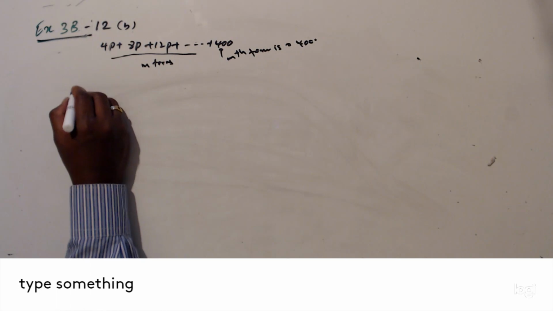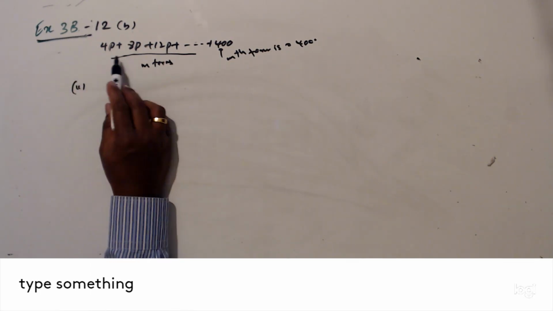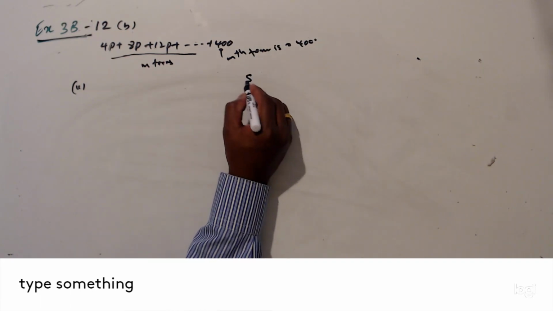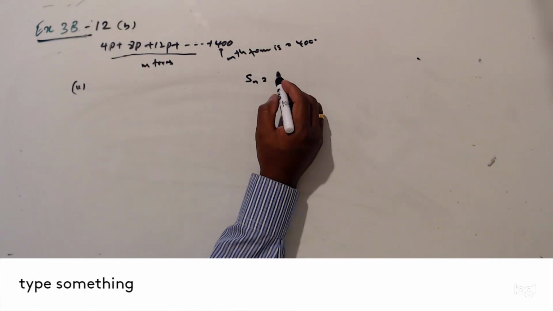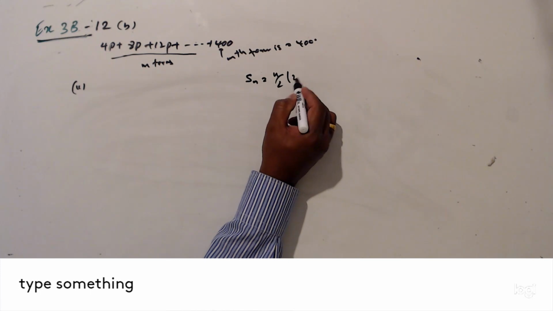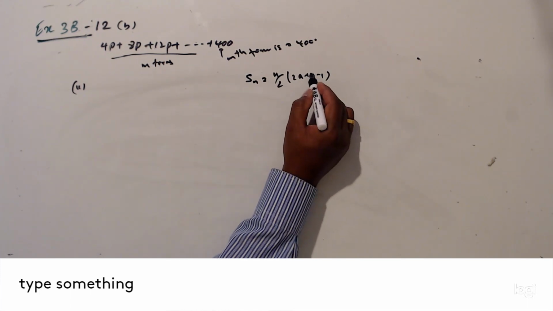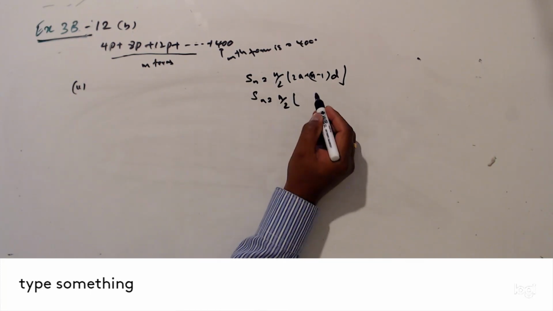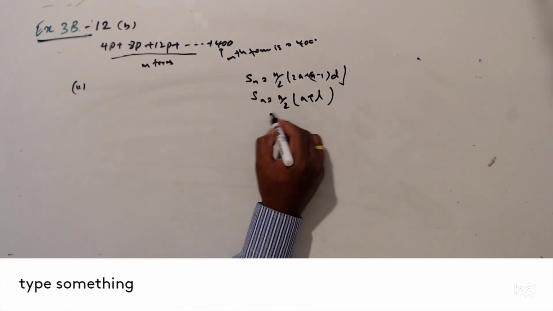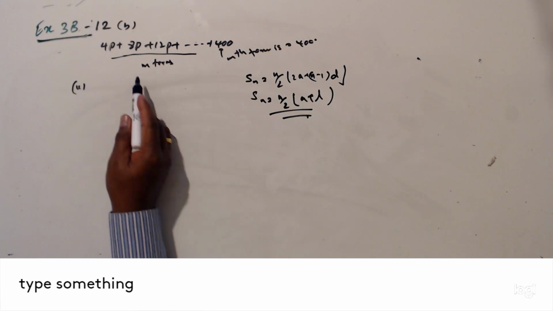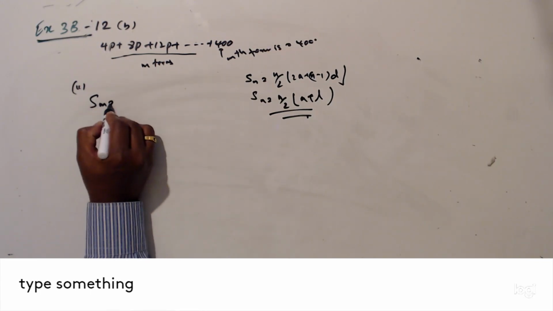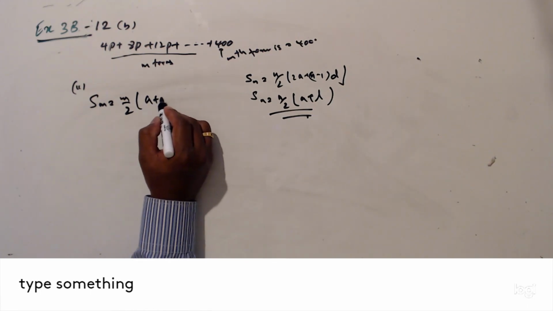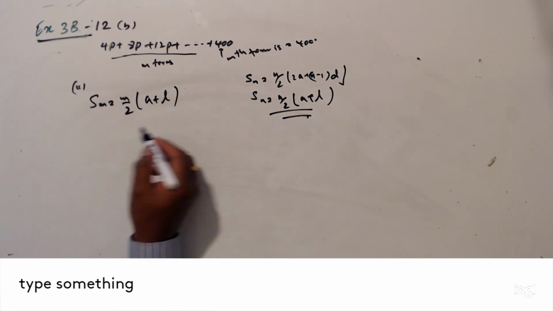Part 2, we want to find the sum of m terms. The sum of n terms we know has two formulas: n divided by 2 times (2a plus n minus 1 times d), or n divided by 2 times (a plus l). I'm going to use this one. So with m terms, Sm equals m divided by 2 times (a plus l).